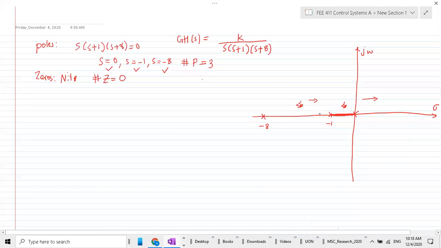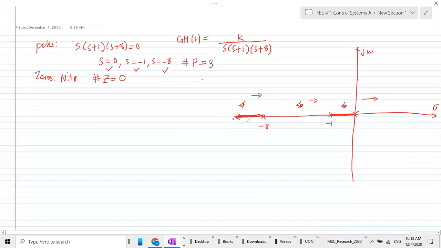So this part is not part of the root locus. Then you stand there and look in that direction and count the number of poles and zeros. It is actually 3, which is odd. So this part is part of the root locus.